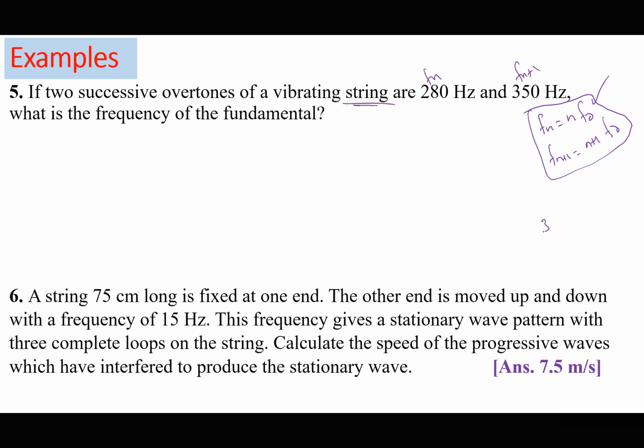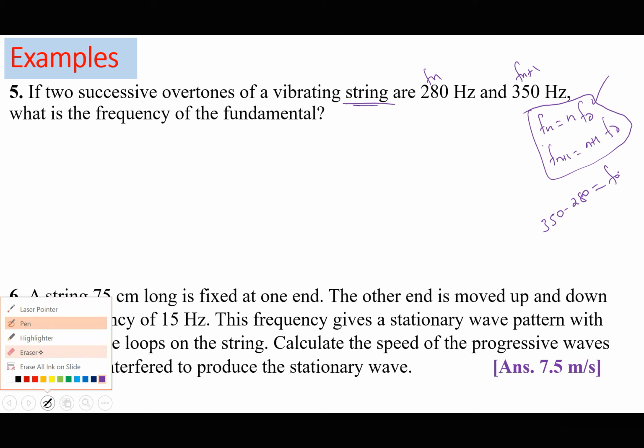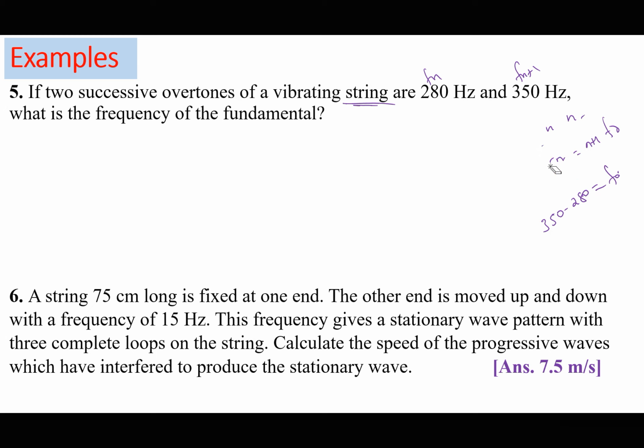So I'll say 350 minus 280 is going to be equal to n times F naught minus n F naught, they cancel out. Then I remain with just F naught. So it means F naught is just going to be the difference between those two. I'm subtracting these two equations. Maybe a layman may not easily see this, especially the non-mathematicians, so I have to reorganize this.